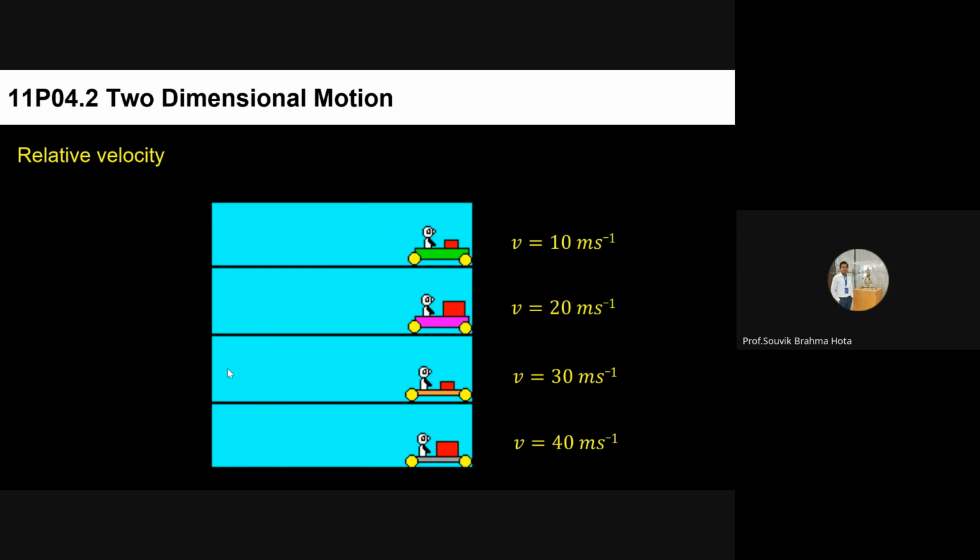The 10 meters per second one is reaching late, while the 40 meters per second one is reaching faster. So once they are in motion, they have a relative velocity between them. When two objects are in motion, they have a relative velocity between them, so we need to analyze their relative velocity in 2D.